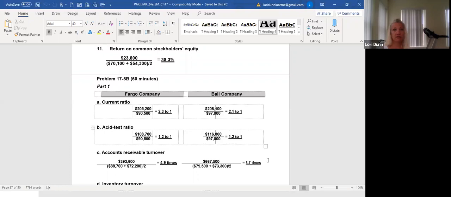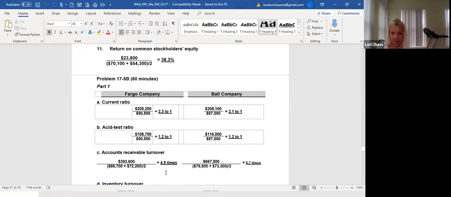Remember, whenever it says average, we have to find the beginning of the year's accounts receivables, which is on the right-hand side, 72,200, added to the ending balance of accounts receivable, 88,700, and then divide that by 2. And that average is then divided into the 393,600. Fargo is 4.9 times.